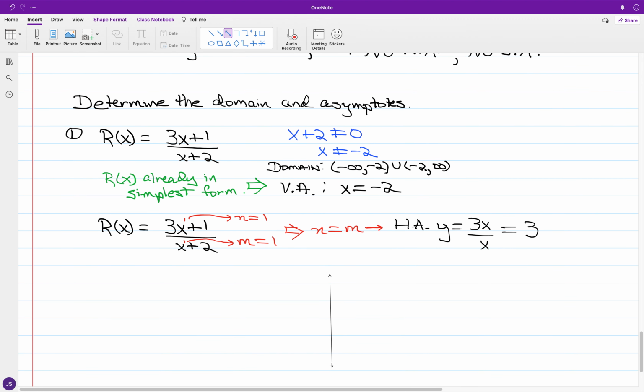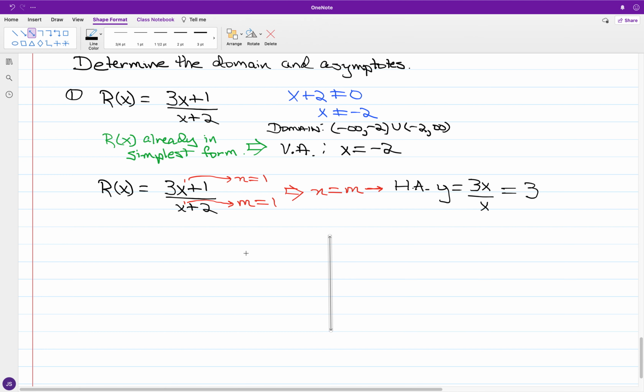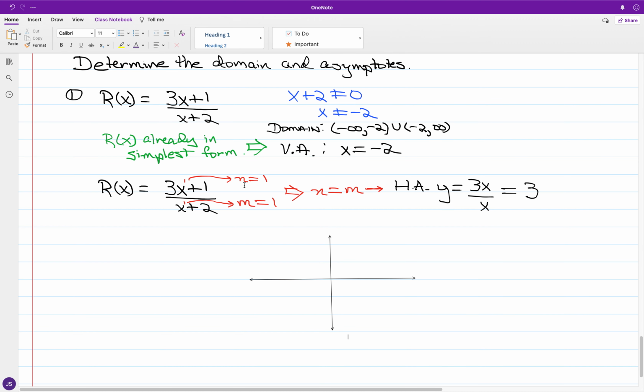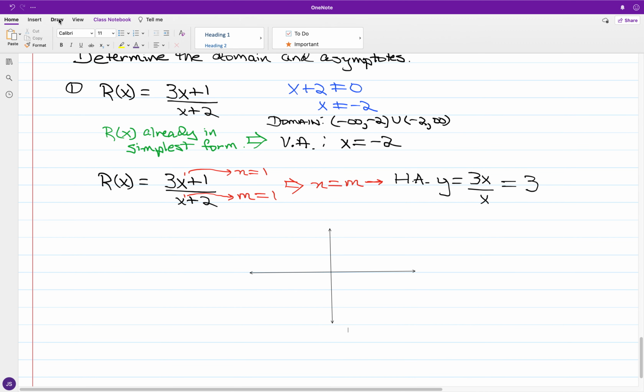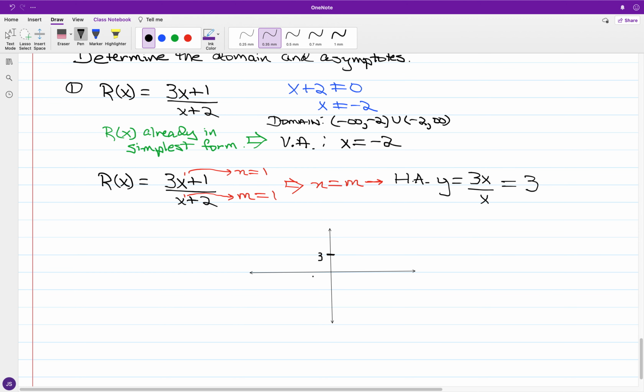So in the case of the behavior of this graph, we have a couple of asymptotes.